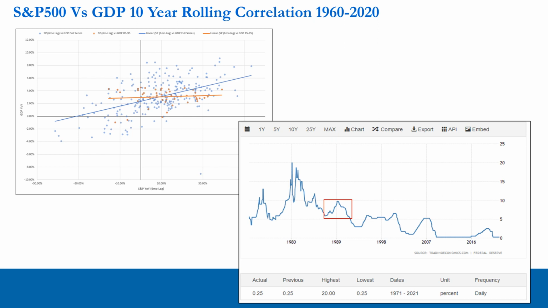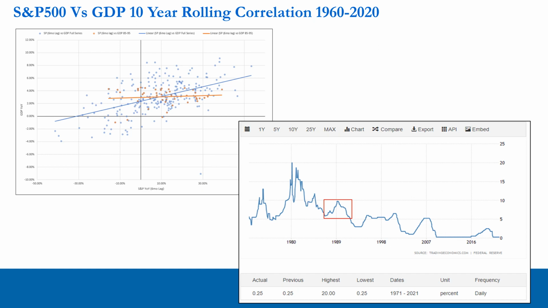So this type of intervention from the Fed could go a long way to explain what was going on in the late 80s and early to mid-90s period in terms of stock market returns and GDP, because in the backdrop, we had interest rates rising pretty aggressively to counter inflation.